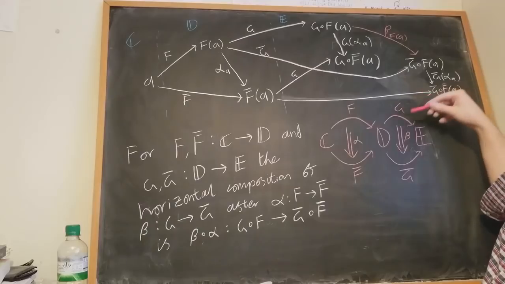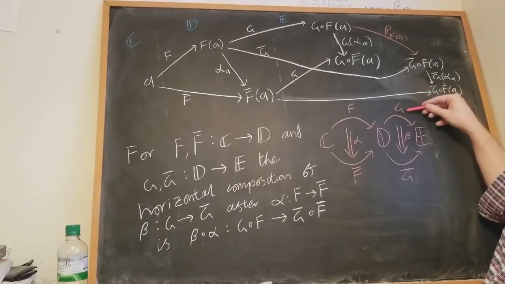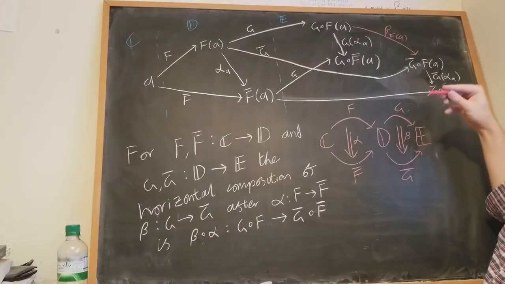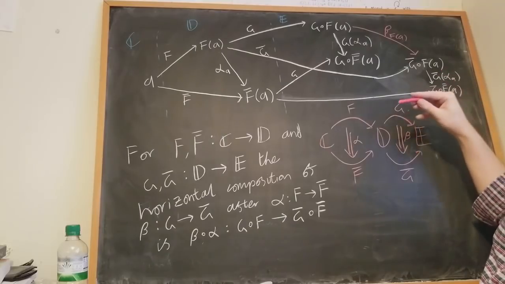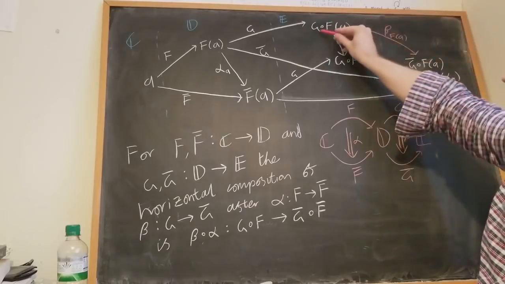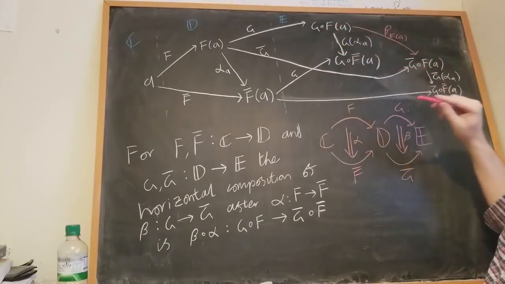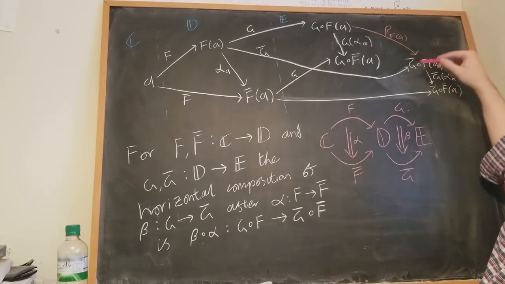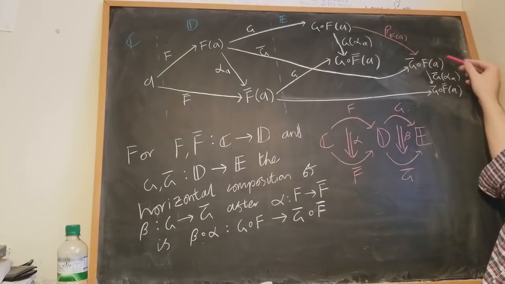Our first functor is G, our second functor is G bar. So beta here is going to be an arrow from G after F of A to G bar after F of A.